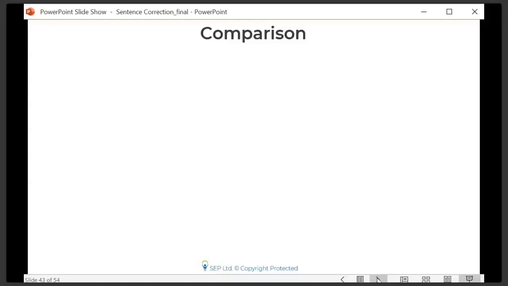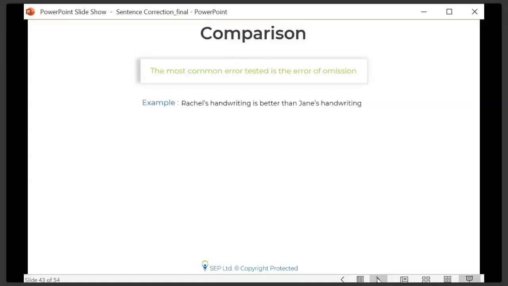In questions based on comparison, one of the most common errors that is tested is the error of omission. What is this error of omission? In comparison related sentences, we can choose not to repeat common words. Say, for example, if you look at this sentence, Rachel's handwriting is better than Jane's handwriting. Now here you can omit the word handwriting, which comes twice, without changing the meaning of the sentence.